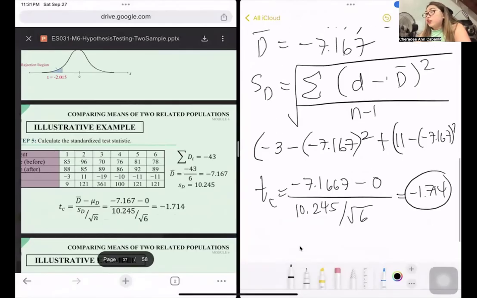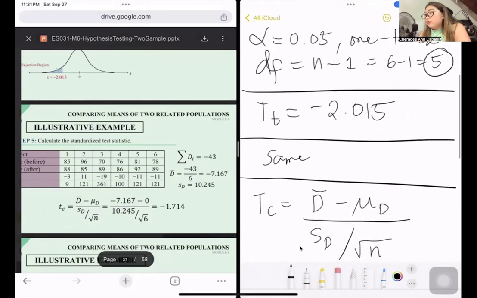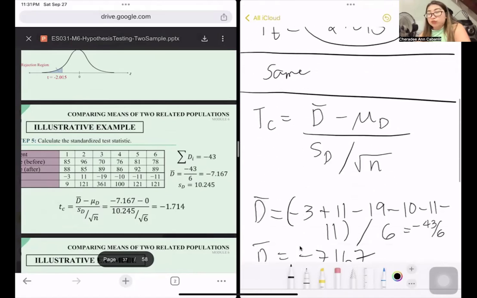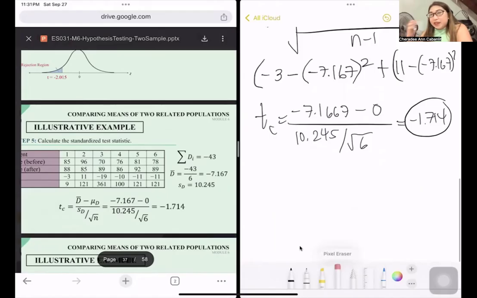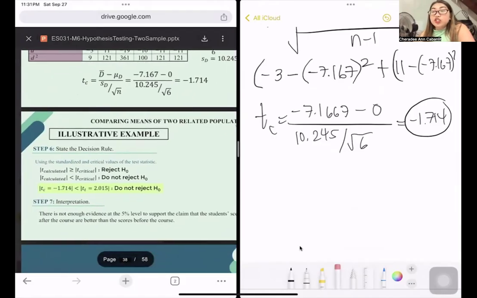Now, is it greater than the t value? No. So dili pa sure nga better ang iyang scores kay based on the differences gagmay raman. Di man siya kayo dako. So the answer there is not to reject H0.